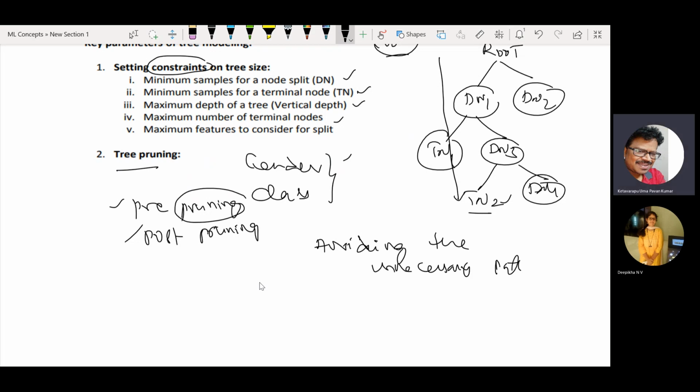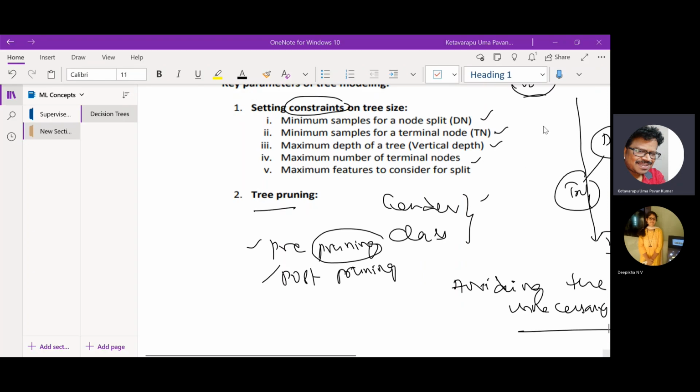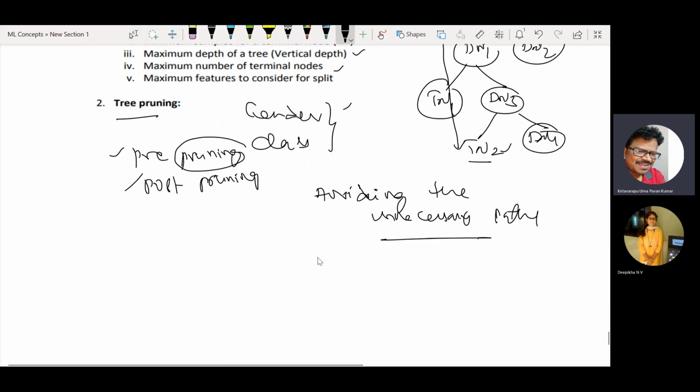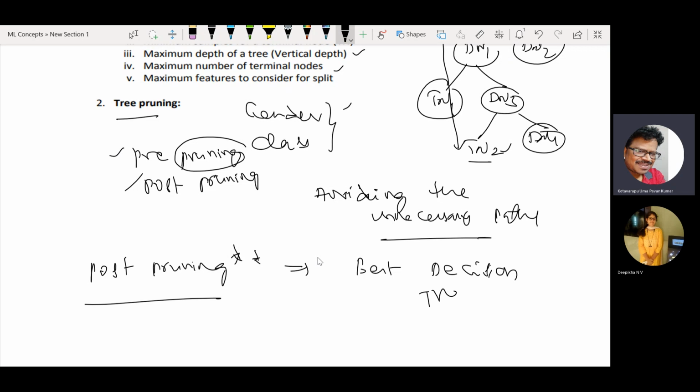With the help of our Gini index, information gain, entropy or chi-square, you can decide how to prune this particular tree and how to handle these situations. Majority of the time, friends, post-pruning really helps us to generate the best decision trees.